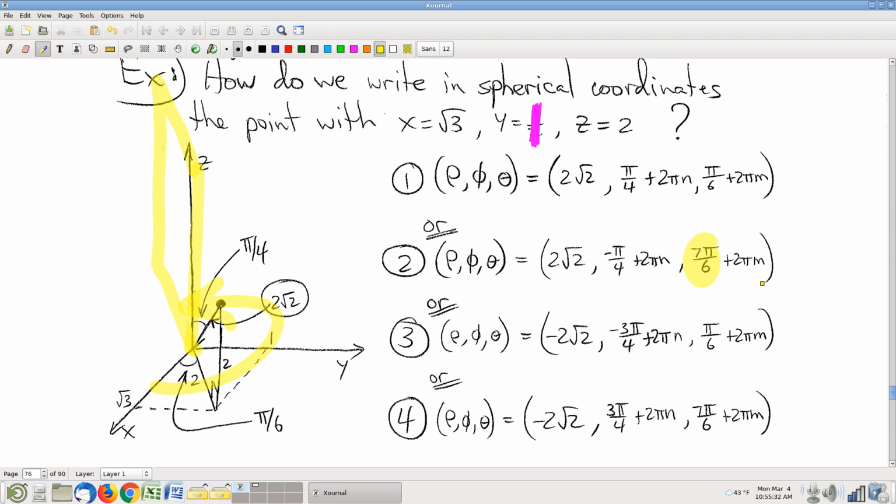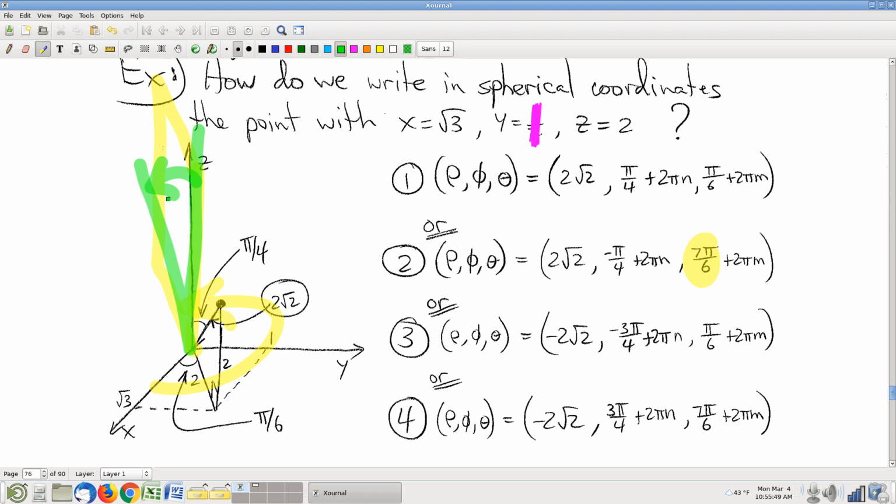Now you might say, well, you're going the wrong way, and when you make a choice of phi it's going to have you going down sort of that way. And that's kind of true, except phi does not have to be positive.